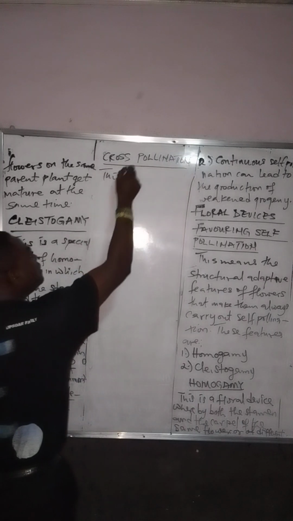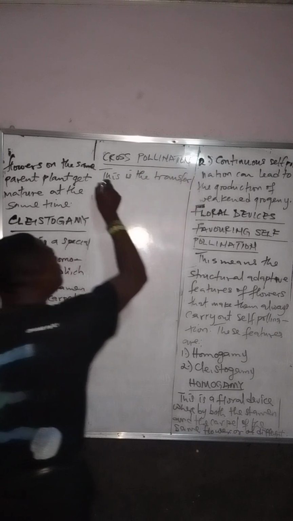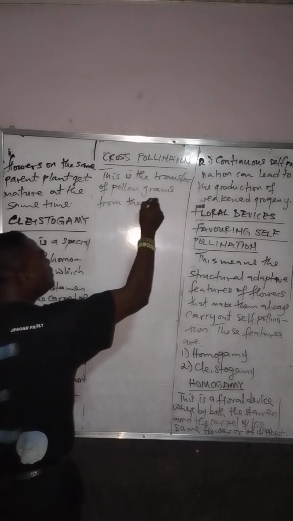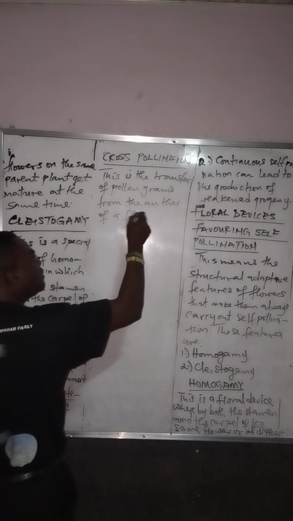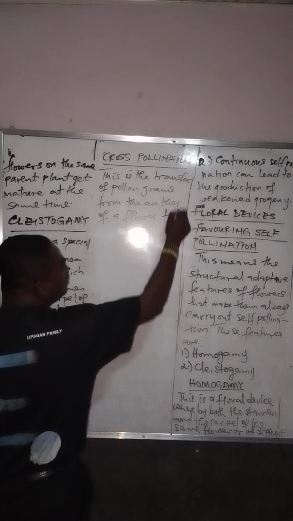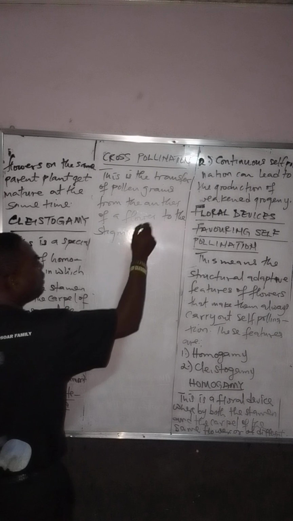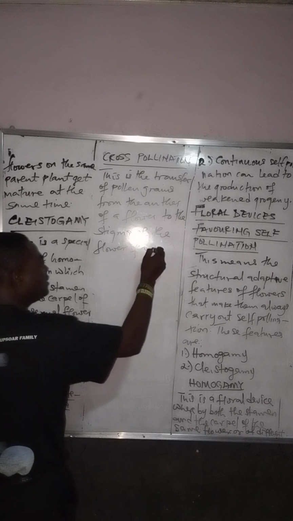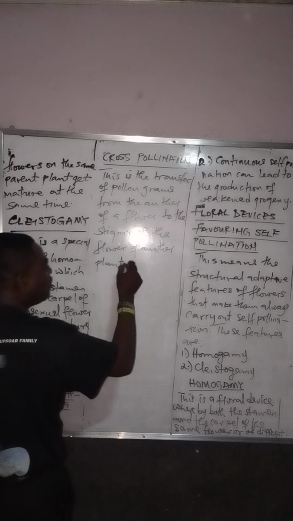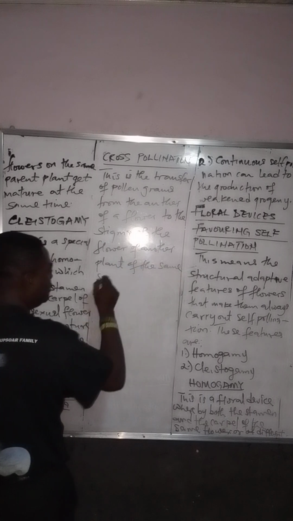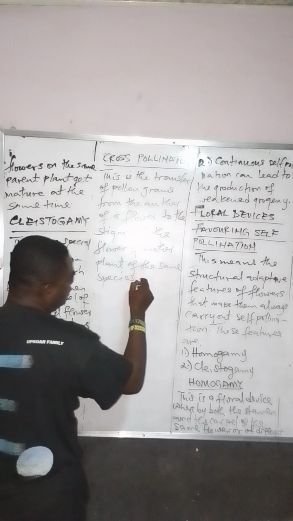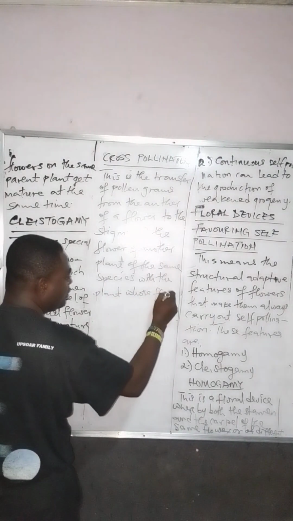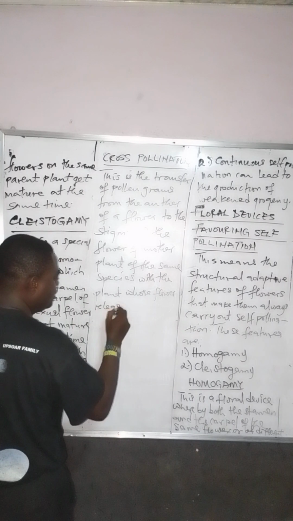Now, this is the transfer of pollen grains from the anther of a flower to the stigma of the flower of another plant of the same species with the plant whose flower releases the pollen grain.